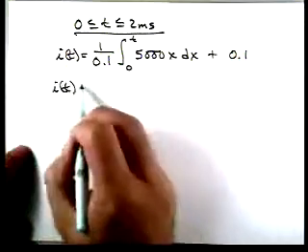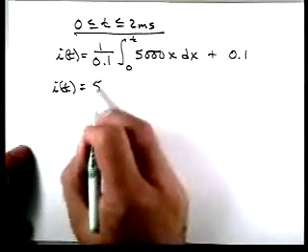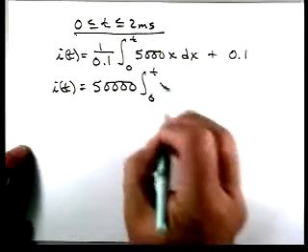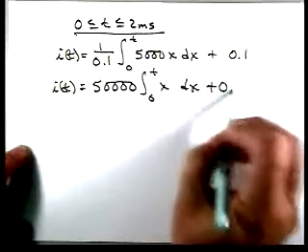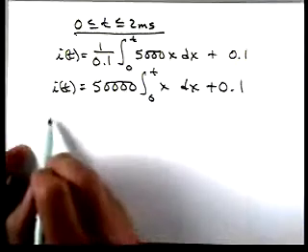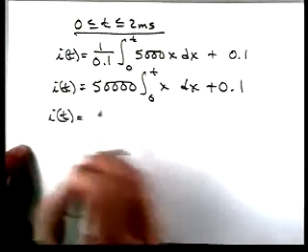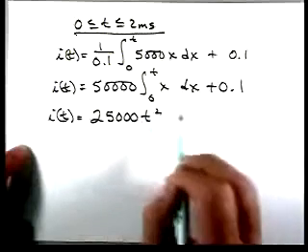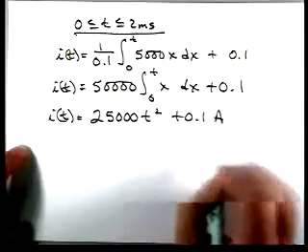We pull the 5,000 out, this becomes 50,000, integral from 0 to t, x dx plus 0.1. So then i of t becomes 25,000 t squared plus 0.1 amp.